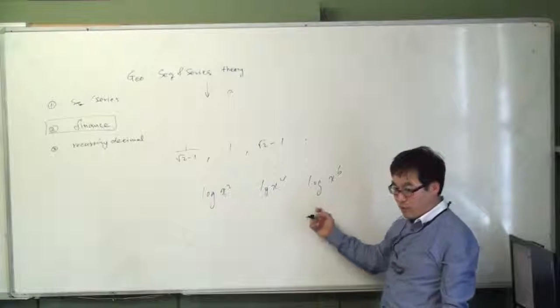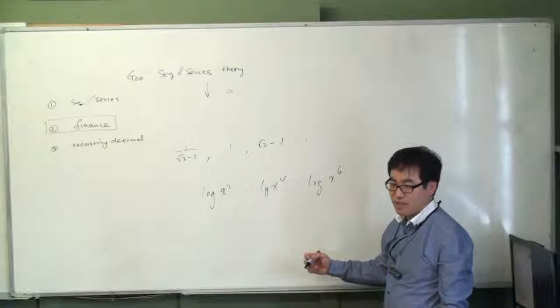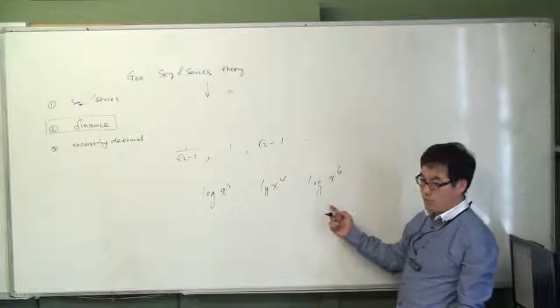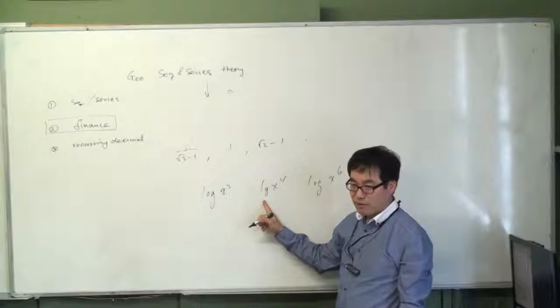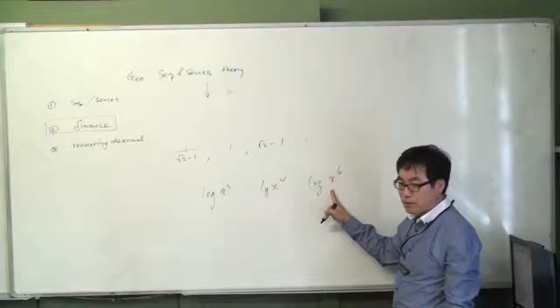This is an arithmetic sequence. Remember that. It can't be geometric. To get this, what do you have to multiply? 2. Then from here to there, it's different.